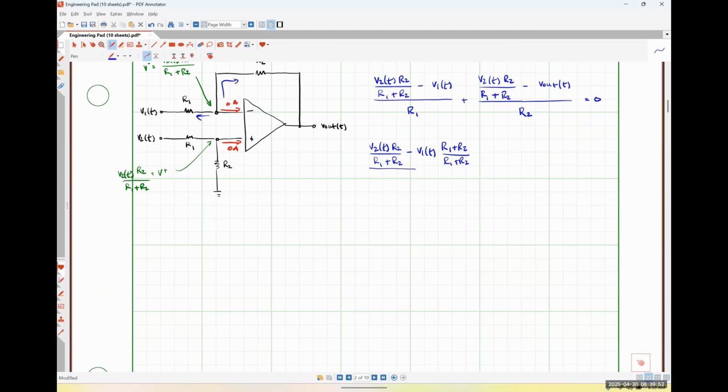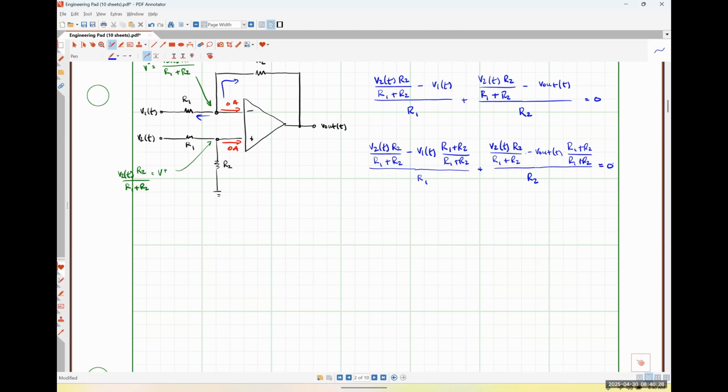All of this is divided by a factor of R1, plus that same V2 R2 over R1 plus R2 minus V out times R1 plus R2 over R1 plus R2, all over R2 is equal to 0.